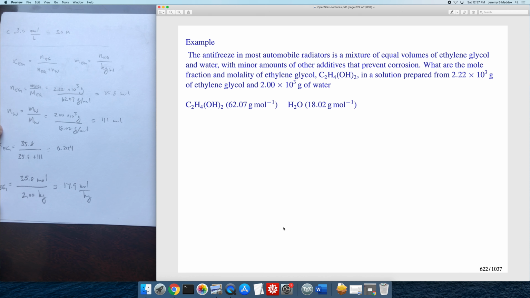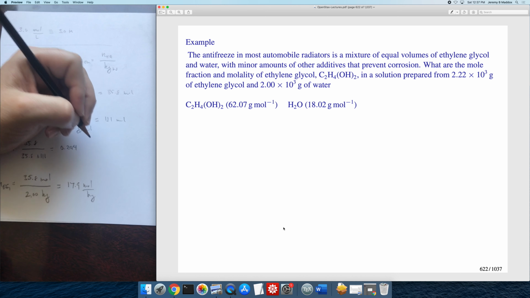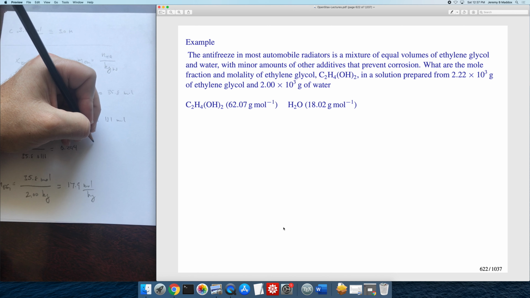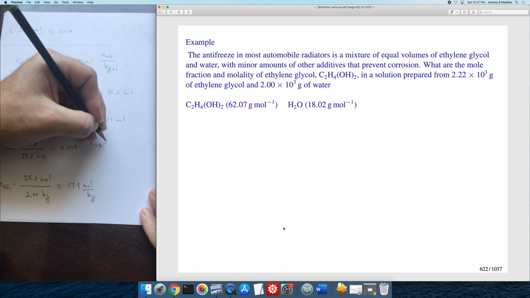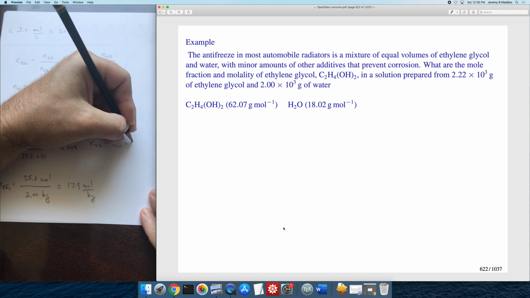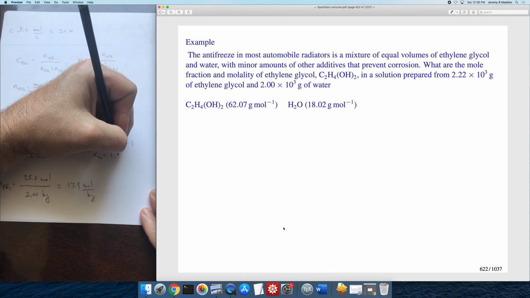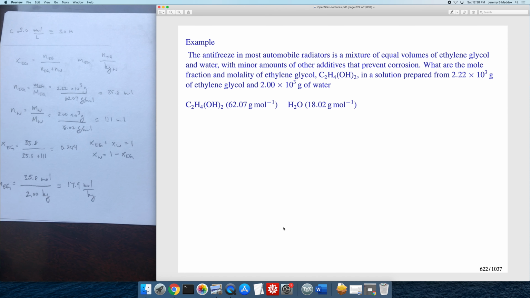Incidentally, what would be the mole fraction of the water? Well, you could take 111 divided by the sum of the two, or because there's only two components and the mole fractions of the two components must add up to 1, you could say that the mole fraction of the water is 1 minus the mole fraction of the ethylene glycol.